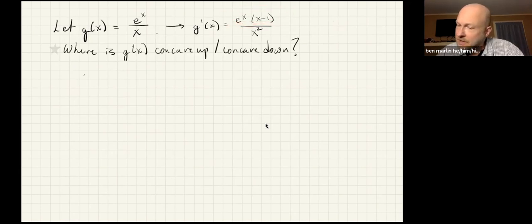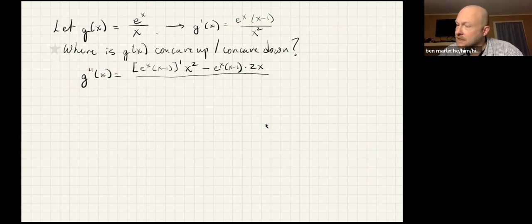So when we calculate our g double prime of x, we have to think about taking e to the x times x minus 1 and whatever its derivative is, and then multiplying by x squared, minus e to the x and x minus 1. Don't take the derivative, but take the derivative of the denominator. You get that 2x. And now our denominator, which was before x squared, has to be squared again, so it's x to the 4th.